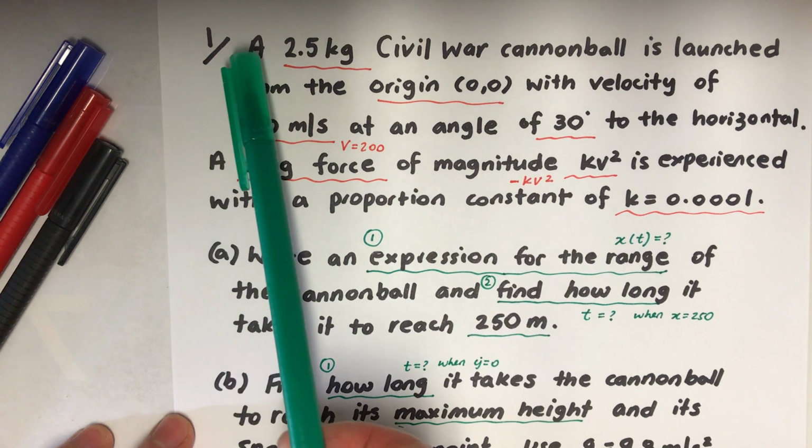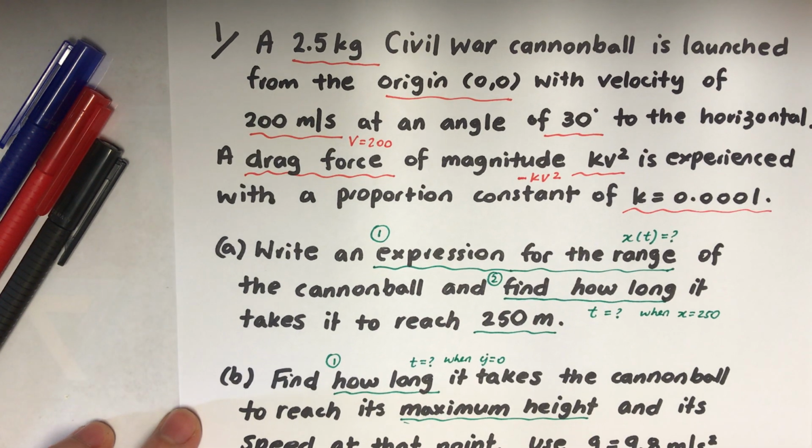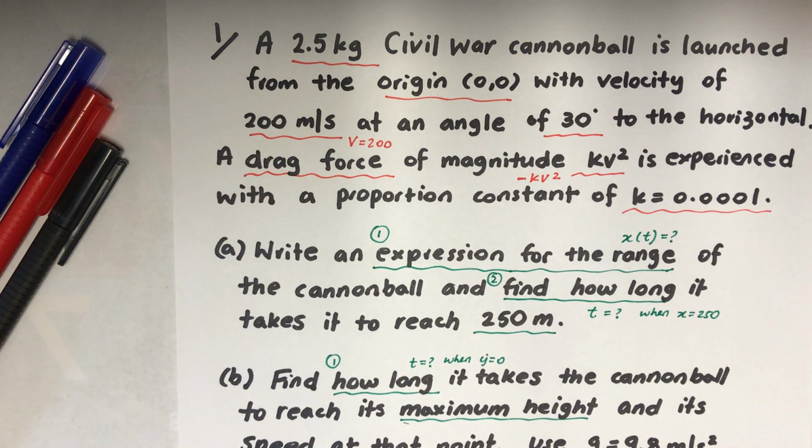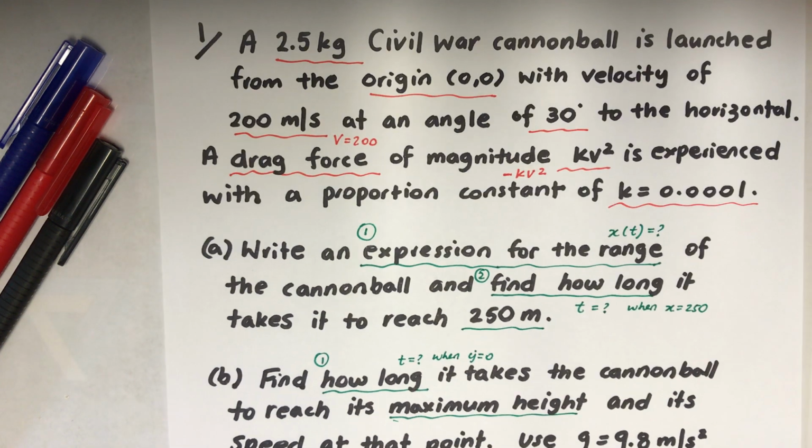Excellent. So question 1: a 2.5 kilogram Civil War cannonball is launched from the origin 0, with a velocity of 200 meters per second at an angle of 30 degrees to the horizontal.